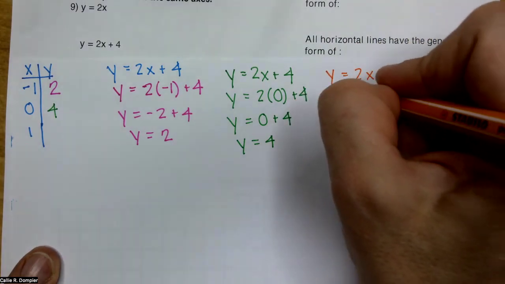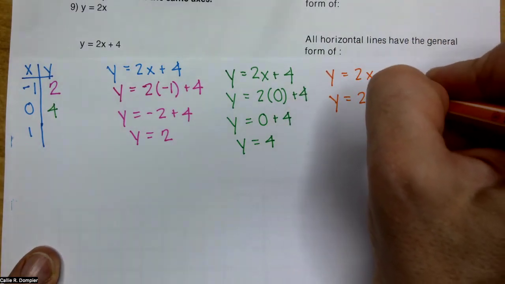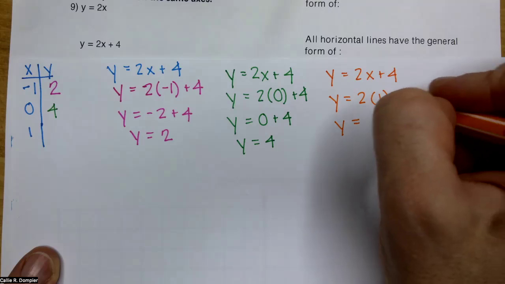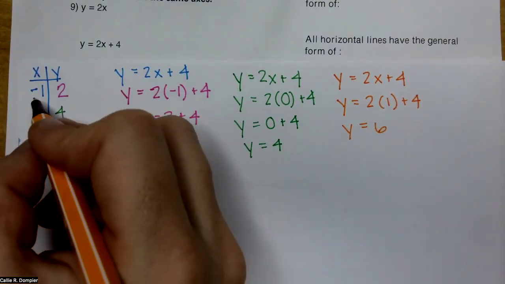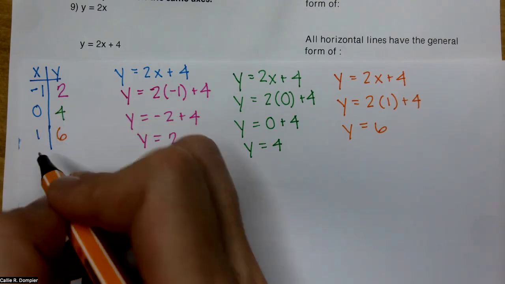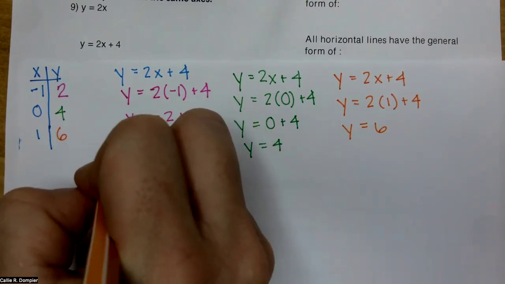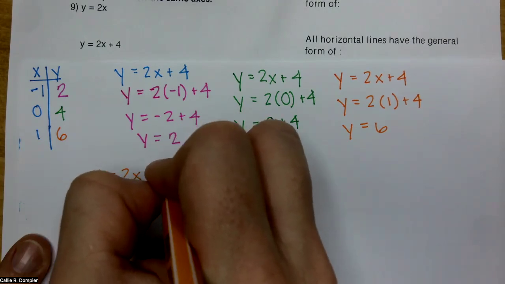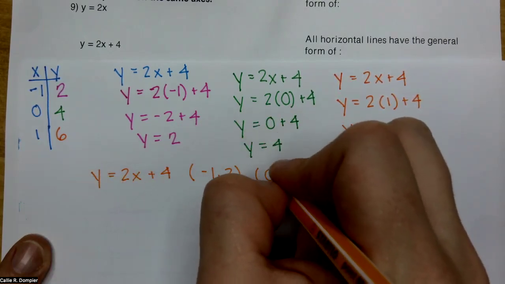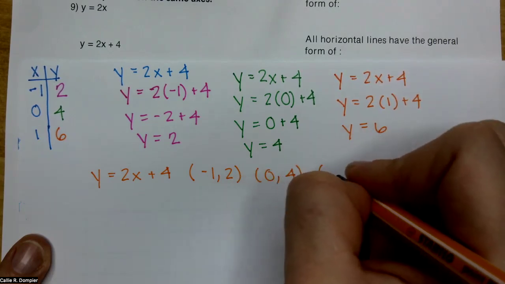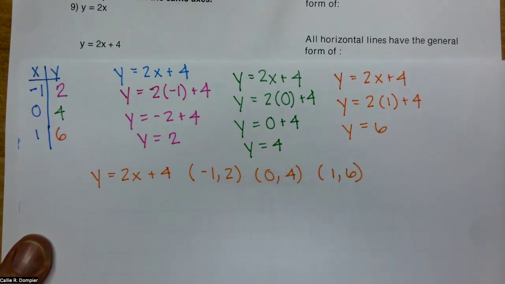So y equals 2 times 1 plus 4. Y equals 6. So this is going to be the points -1, 2, 0, 4, and 1, 6. For y equals 2x plus 4, we have the points -1, 2, 0, 4, and 1, 6.